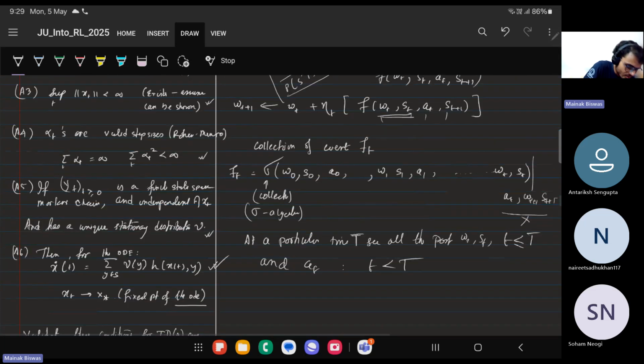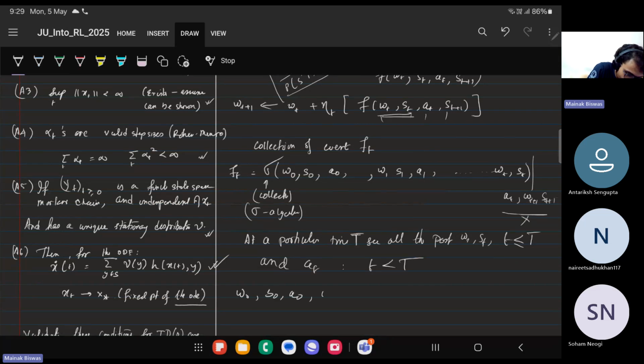Basically the events are W0, S0, A0, W1, S1, A1, and so on, up to Wt, St. And I stop there; I don't put in At and St plus 1.